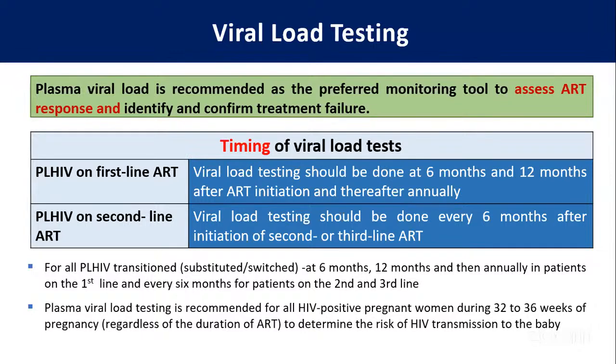And for pregnant women, a viral load test mandatorily has to be done between 32 to 36 weeks of pregnancy, regardless of the duration of ART. The purpose here is to determine the risk of HIV transmission to the baby.